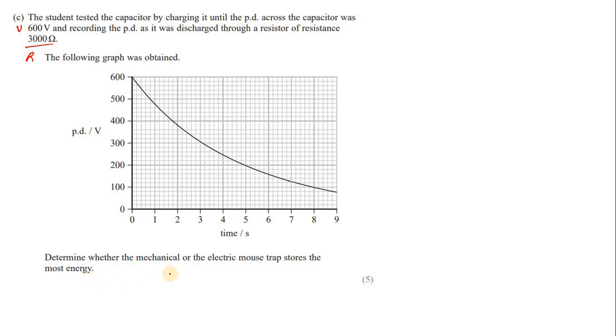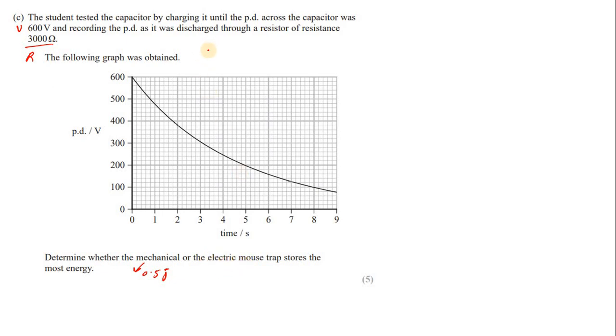So we need to find the energy stored in the electronic mousetrap, and then we compare. The mechanical one, remember, is storing 0.5 joule, approximately 0.47. The electric mousetrap contains a capacitor, and the energy is stored in the capacitor.